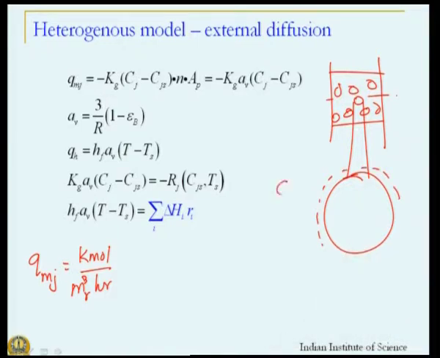So, if this Cj is my bulk concentration, up to this point it is the same as Cj, but then concentration decreases and concentration on the surface is Cjs, and the reaction rate must be equal to the mass transfer rate. So, what did we write for an individual single particle? We wrote that Kg into Cj minus Cjs must be the rate of reaction or rate of change of the jth species for this one particular catalyst.